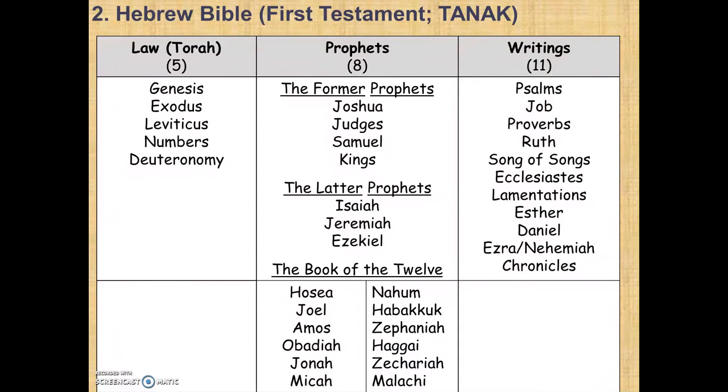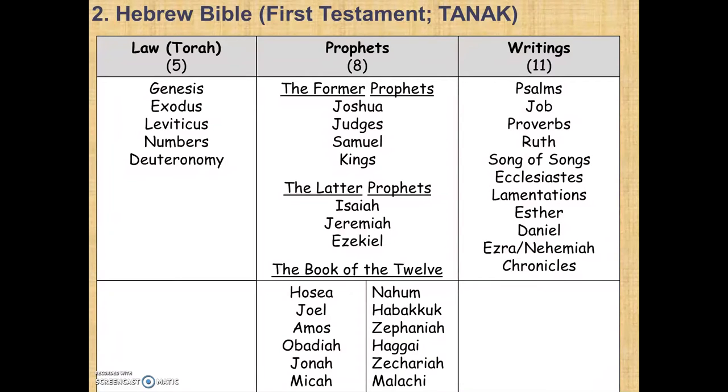The N in Tanakh stands for Nevi'im, which is the Hebrew word for prophets. K for Ketuvim, the Hebrew word for writings. In the third section of writings, you'll see the list here starting with Psalms. However, sometimes different manuscripts will have this section of books in a different order with Ruth in front of Psalms.